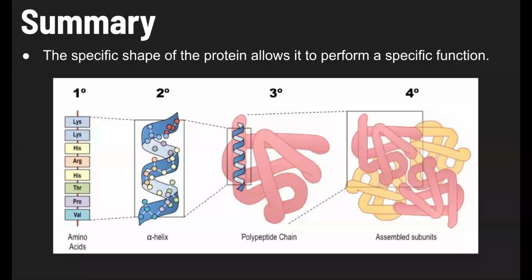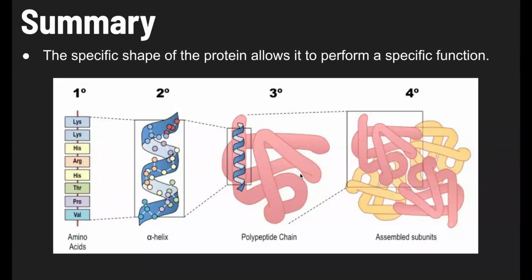And this gives you a kind of one picture summary. So you start with just a sequence of amino acids. That was the primary structure. Then those amino acids, specifically the amine groups and carboxyl groups, interact in certain ways. And that's what gives it the secondary structure. The 2 possible secondary structures were alpha helix or beta pleated sheets. And then those secondary structures will interact in different ways based on the R groups.